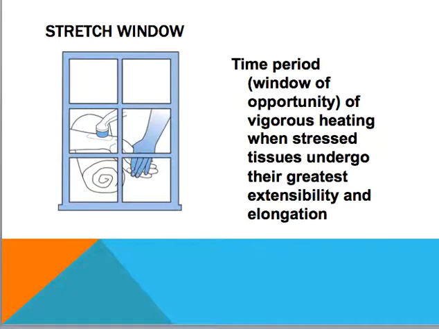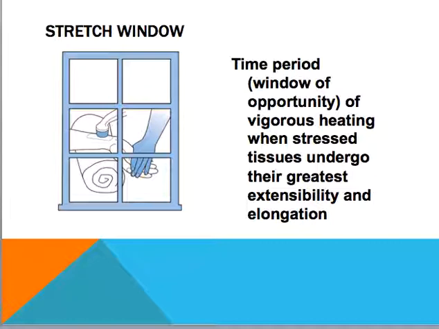And then the last note is there is something called a stretch window. When we're using continuous wave ultrasound in order to increase elasticity of tissues, we only have about a 5-minute window after we turn the ultrasound off where the tissues stay heated and we can get some better stretch. And that's called our stretch window. So it would be wise that when you're doing ultrasound to increase range of motion or extensibility of a tissue, that you start stretching while you're ultrasounding.